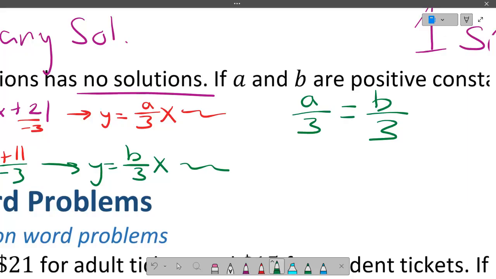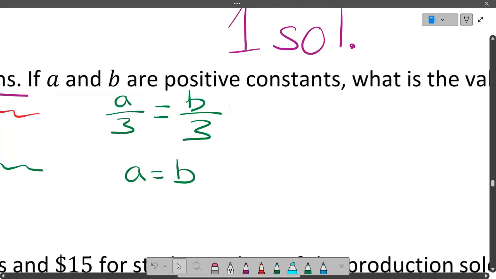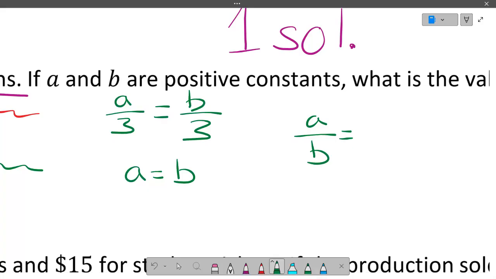The only way for that equation to be true is if A and B are the same value. So if A and B are the same value, what does A over B have to equal? 1. If A and B are the same number, pick any number, divide it by itself. It is always going to be 1.